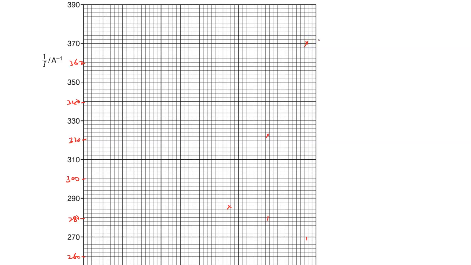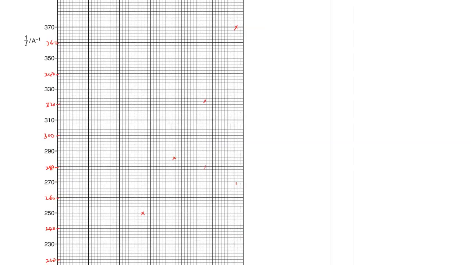Very good. So we have our graph plotted there. So now I'm going to draw my graph.